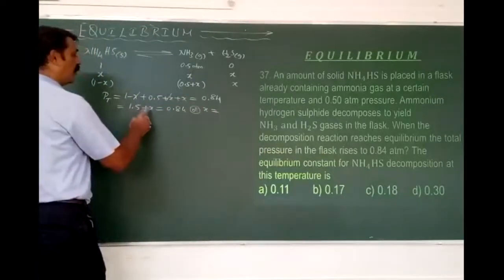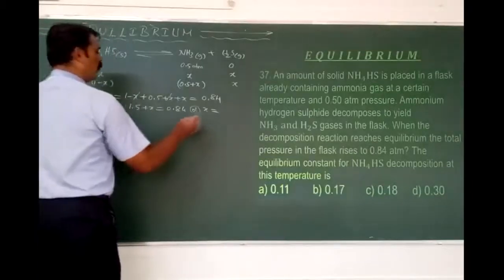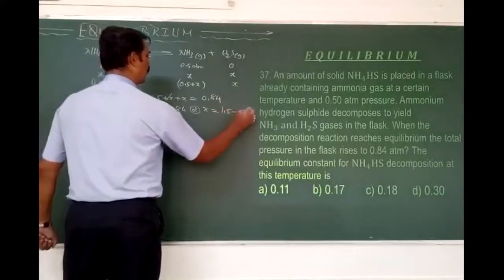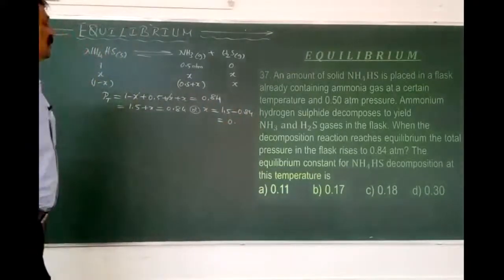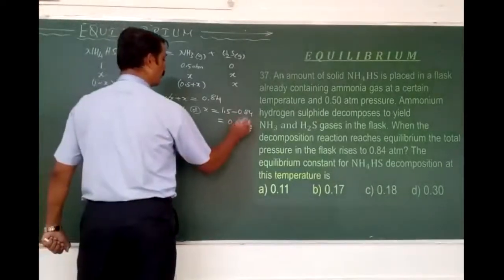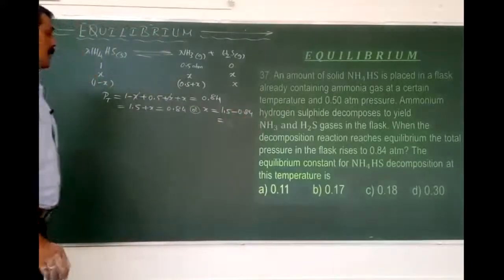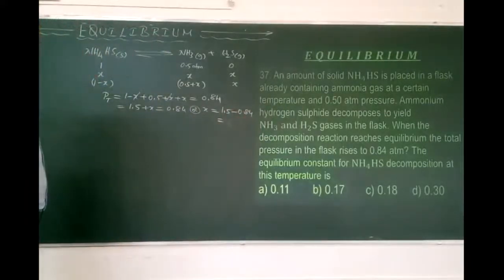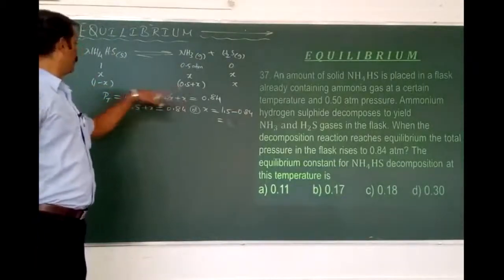Therefore X is equal to 1.5 minus 0.84, that is equal to 0.17, sorry. 1 minus X here, it is 0.